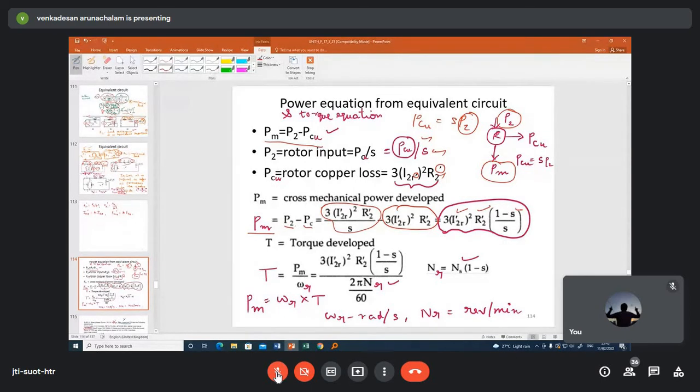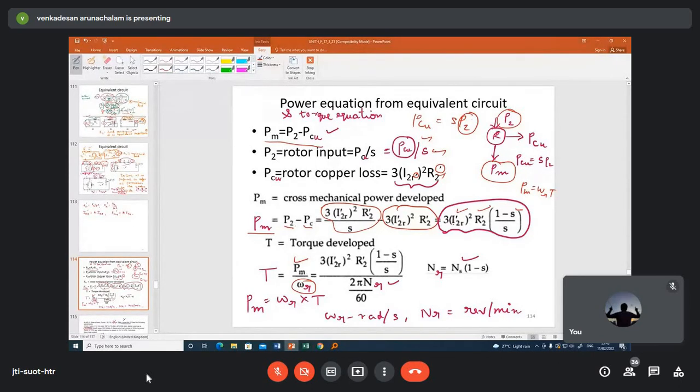And from this, we can get the torque developed also. Torque developed: PM is nothing but omega R into T. So from here, T I can write as PM divided by omega R. What is PM?